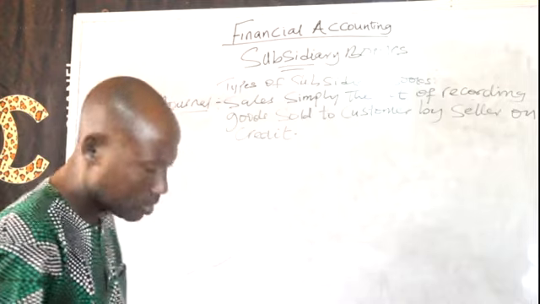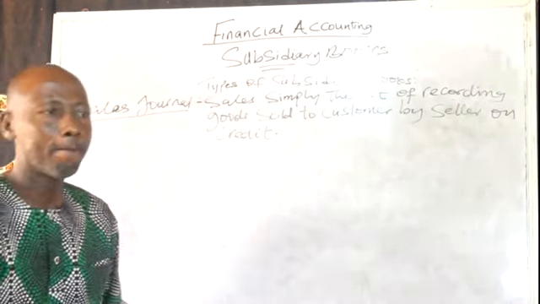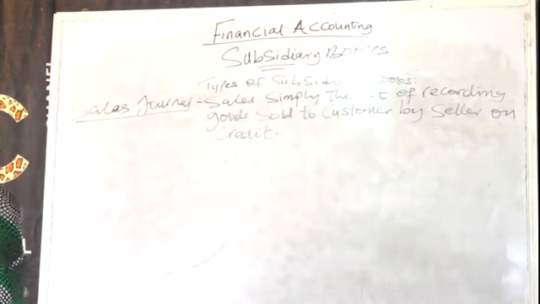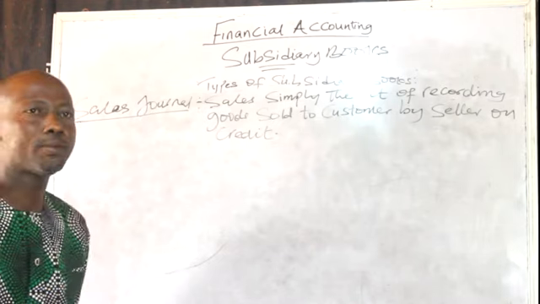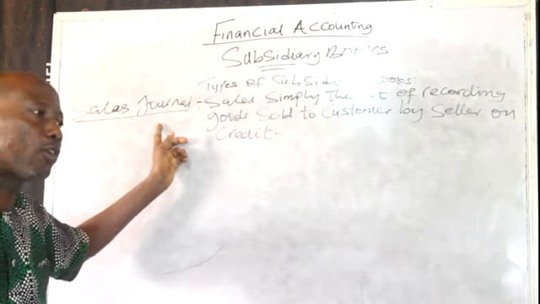That is, when a seller makes a sale of goods on credit to a customer, the transaction will be recorded in sales journal or sales day book.